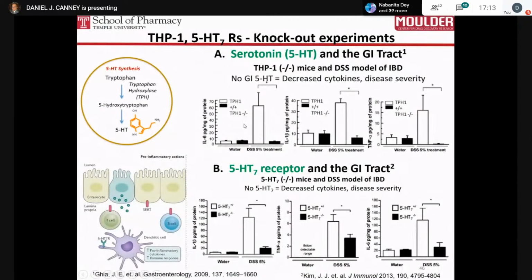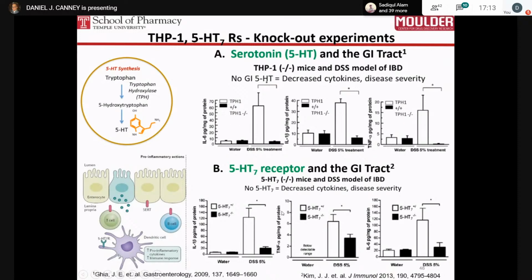And what we see here is with DSS treatment, the animals that are lacking the enzyme have significantly less interleukin 6, significantly less interleukin 1 beta, as well as TNF alpha, right? So you can see it really knocks down the cytokines in those assays, right? So that's the enzyme knockout.